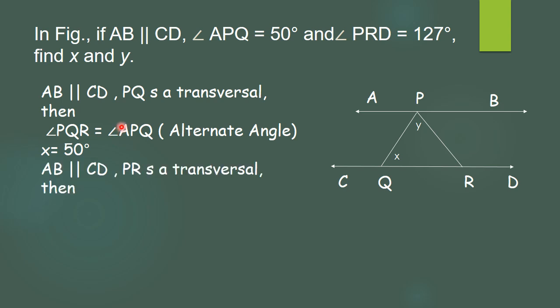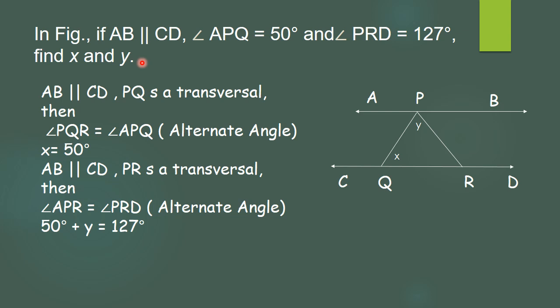Now to calculate the value of Y, again we'll consider AB is parallel to CD, and PR is a transversal. So angle APR will be equal to angle PRD, as they are alternate angles. Now angle APR can be written as angle APQ plus angle QPR, that is 50 plus y.